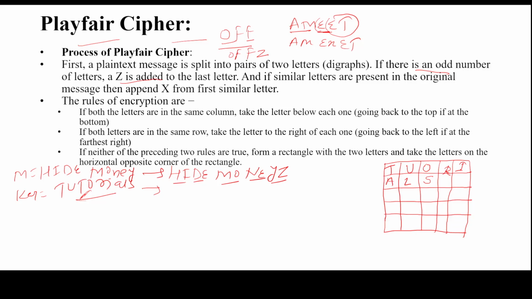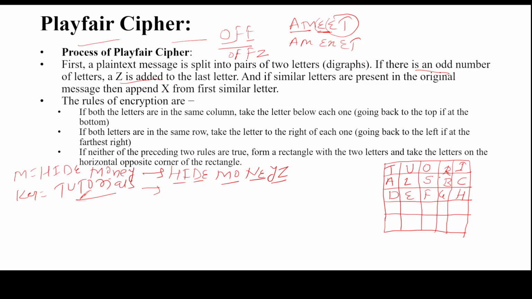Sequentially A is there, but we have already added it. The next sequence is B, C, D, E, F, G, H, I. I is already written here. After H comes J.